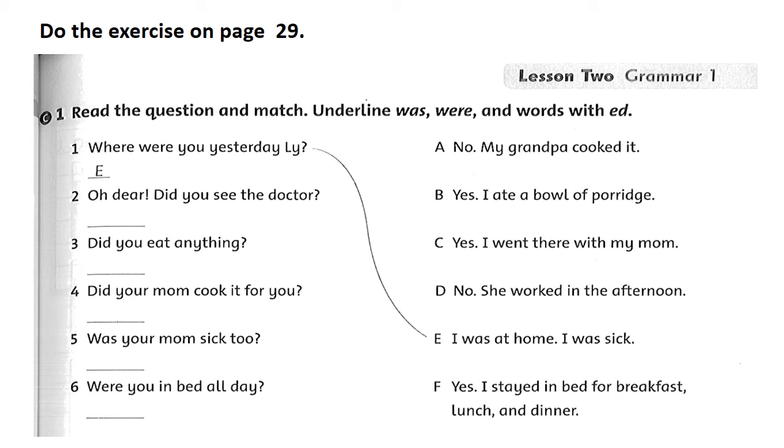Read the question and match. Underline the words were, and words with ed. First, you read the question and you find the answer. And then you match the question with the answer. Are you ready? Now let's try.